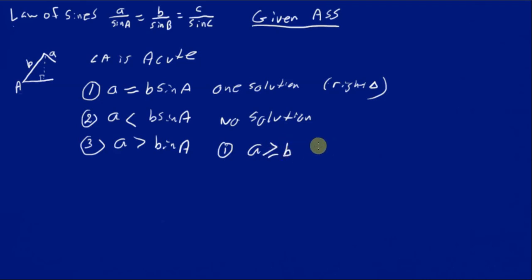If A is greater than or equal to B, we have one solution. Or A will be less than B, and that will give us two solutions. And I'll go through examples of these guys.